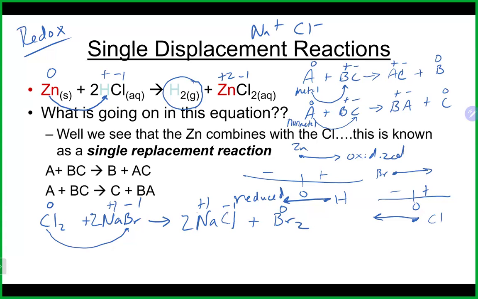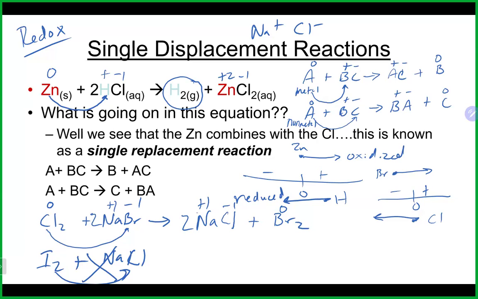Now, in order for this reaction to actually take place, whatever is coming in, either the metal by itself or the non-metal, has to be more reactive than what it's replacing. So if it is not more reactive than what it's replacing, the reaction will not happen. So for example, if you took I2 and you wanted to react it with sodium chloride, this reaction will not take place because iodine is actually less reactive than chlorine.